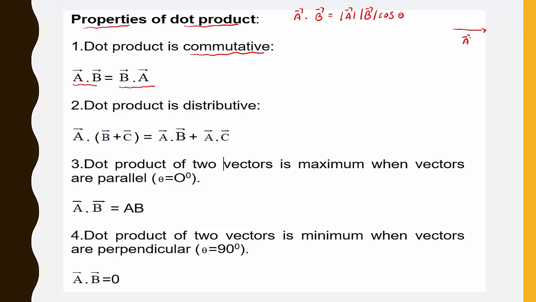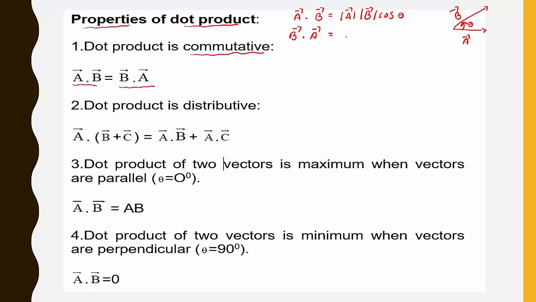Let us imagine this is vector A and this is vector B. And the angle between them is theta. Vector A to vector B we have to consider. In this direction angle is theta. Right? Now I am going to write vector B dot vector A to prove the commutative property. Whether dot product is commutative or not, we can prove it here.